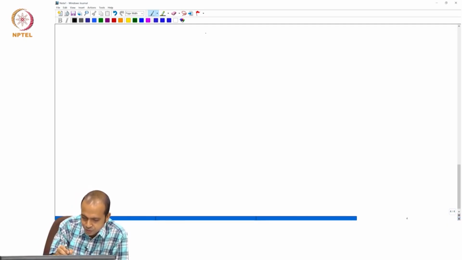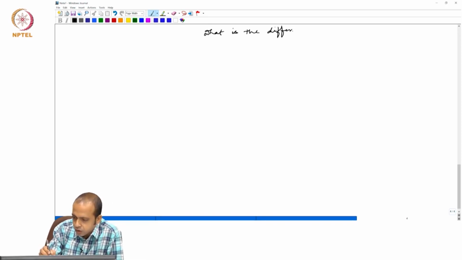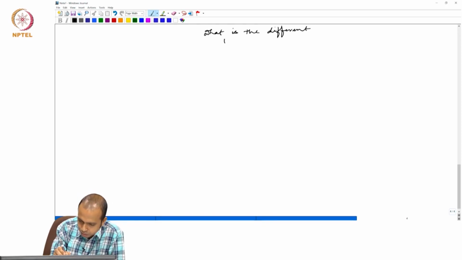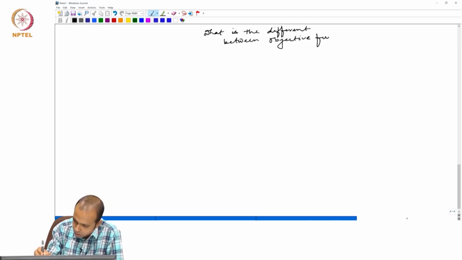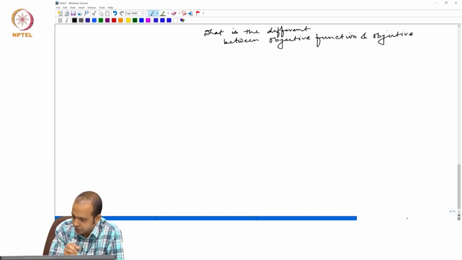What is the difference between objective function and objective functional?